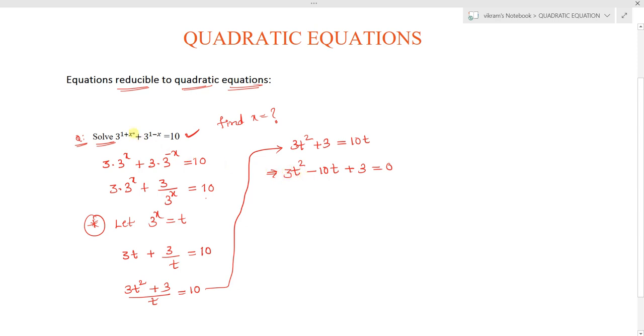Now the given special type of equation, with 3 power 1 plus x and 3 power 1 minus x, is converted into a quadratic equation.